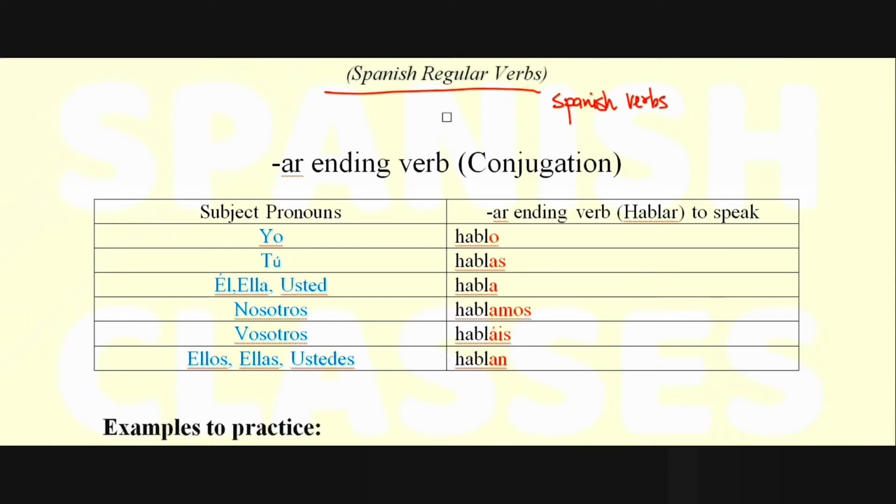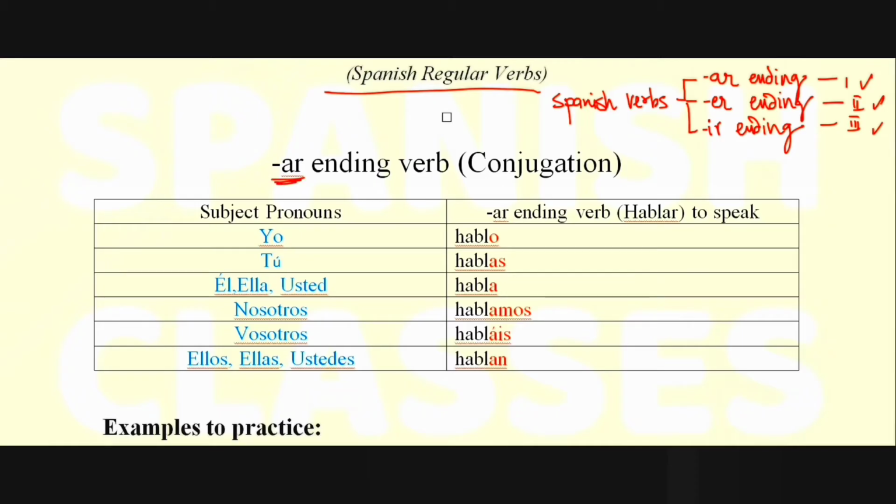We can see Spanish verbs are categorized in 3 parts. First category is AR ending Spanish verbs. Second, ER ending Spanish verbs. And third category is IR ending Spanish verbs. Or we can say we can identify Spanish verbs if we look at the endings AR, ER and IR endings.